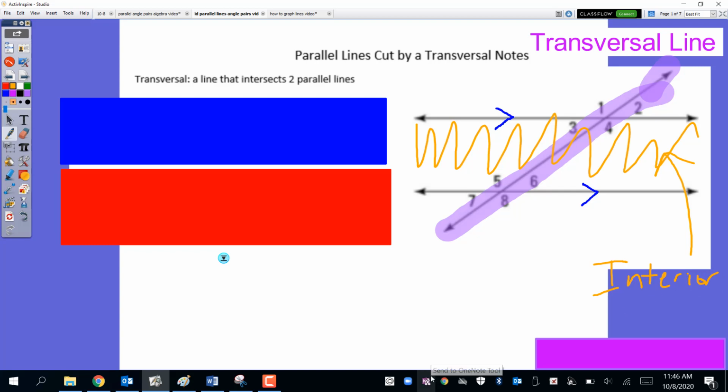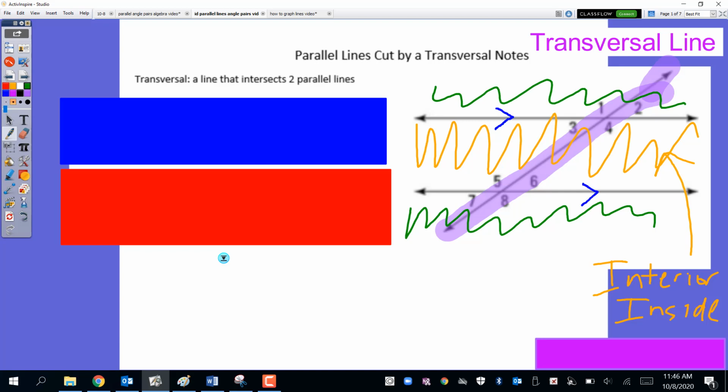Interior means the inside. If we have an inside, then we must also have an outside. The outside is not in between the parallel lines. So here's my outside. That's called the exterior. And this is also the exterior. That's the outside, okay?